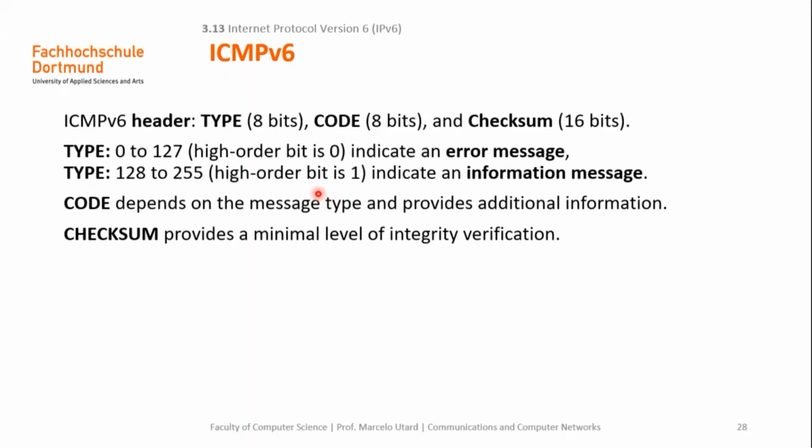The ICMP version 6 header is composed of three main fields: the 8-bit type, the 8-bit code, and the 16-bit checksum in order to validate the integrity of the ICMP message.